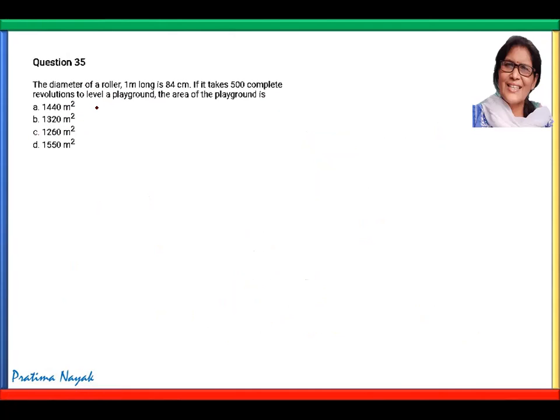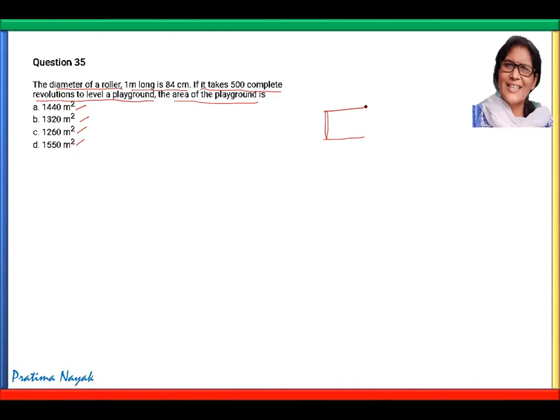Next, question number 35. The diameter of a roller 1 meter long is 84 centimeter. If it takes 500 complete revolutions to level a playground, the area of the playground is: 1440 meter square, 1320 meter square, 1260 meter square, 1550 meter square. Roller. You must have seen a roller.